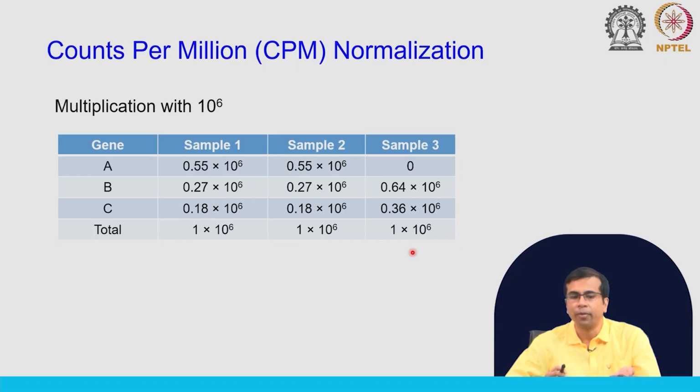So, the normalized number that you will get just by this division will be very, very small. As you can imagine, if you divide 100 by 20 million, that would be a very small number, a fraction. So, to get something that is easily readable and that we can handle better, we multiply with 10 to the power 6.